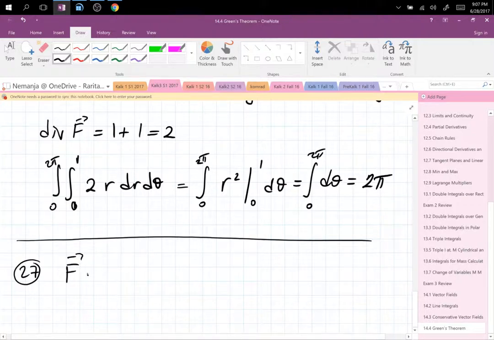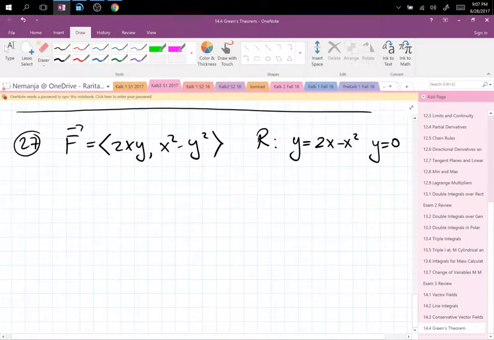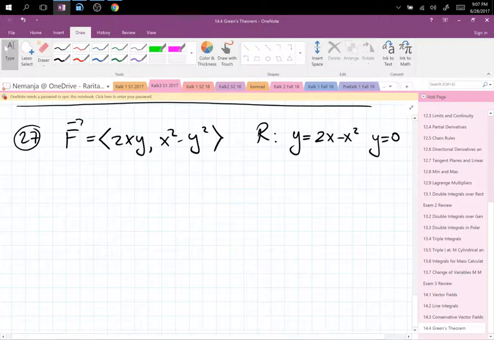Your vector field F is given as 2xy and x squared minus y squared, and your region R is bounded by y equals 2x minus x squared and y equals 0. As you can see, it's a parabola above the x-axis. You need that as a region to set up the limits.